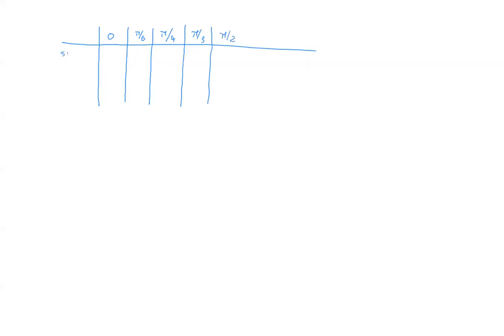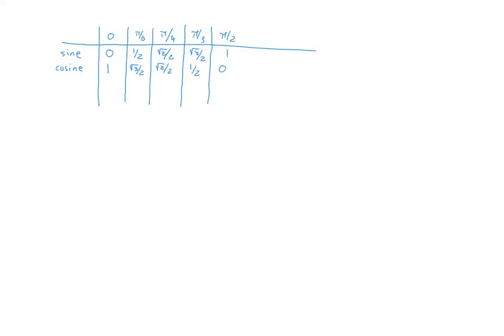For sine of 0 is 0, and then we have the numbers that we gave before: 1/2, square root of 2 over 2, square root of 3 over 2, 1. For the cosine, it's exactly the same numbers going the other way around: 1, square root of 3 over 2, square root of 2 over 2, 1/2, 0.